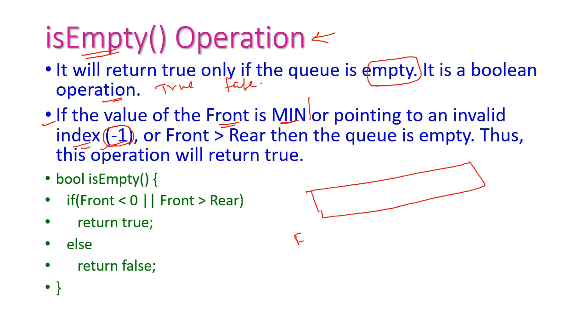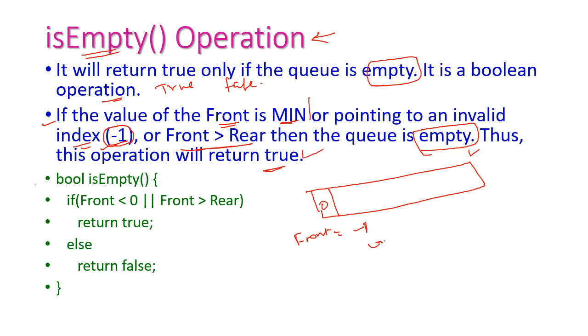Initially, the front equals minus 1, because the index starts from 0, right? So if it is minus 1 or any minimum value, or the second condition, front is greater than rear. After deleting, the front will get incremented, right? So if the rear pointer is less than the front pointer, then we can declare the queue is empty. If the queue is empty, then it will return the true value.